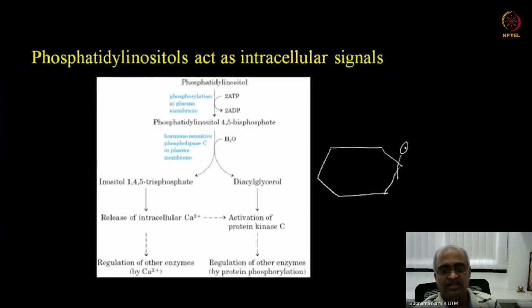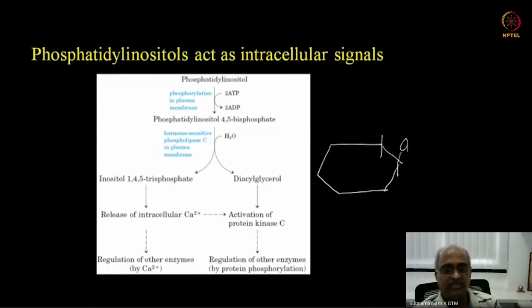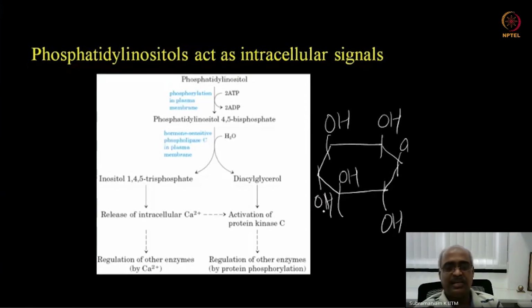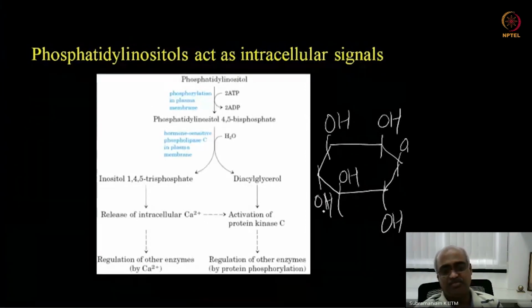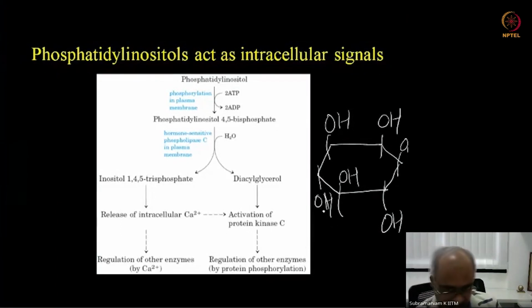It's just that it has OH everywhere. I'm ignoring the hydrogens in the interest of time. And then an OH here, and then an OH here. So this is inositol. It's a sugar alcohol.